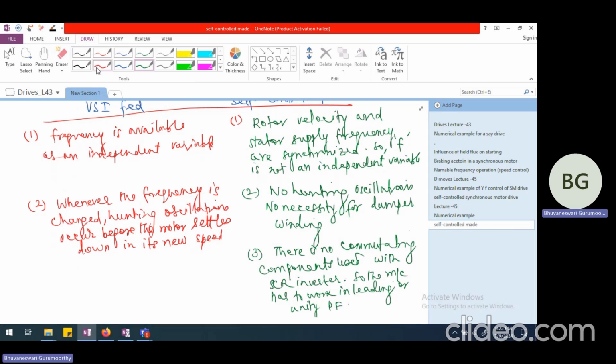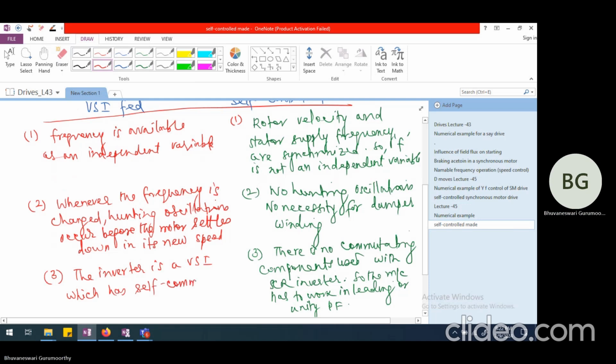Whereas in the voltage source inverter fed synchronous motor drive, the inverter is a voltage source inverter which has self-commutating devices, so this can be built only at limited rating. With thyristors, you will be able to make the converter work at very, very high power capacity.